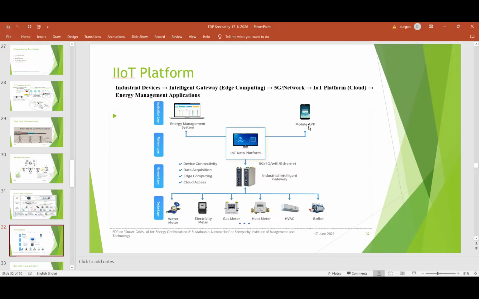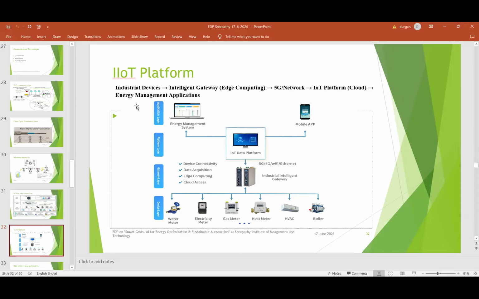So it represents the application layer. So you have four layers: device layer, gateway layer, platform layer, then application layer. In the application layer you have the energy management system, which controls everything. It can control the demand side equipment of the consumers, and it is viewed by using the mobile app.